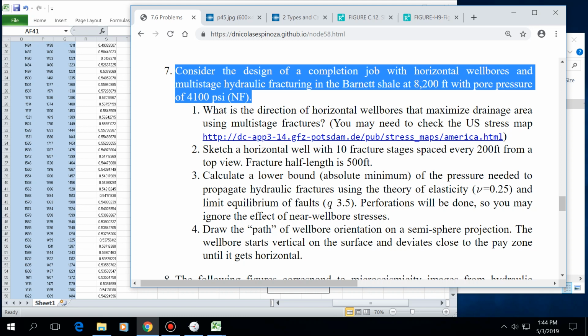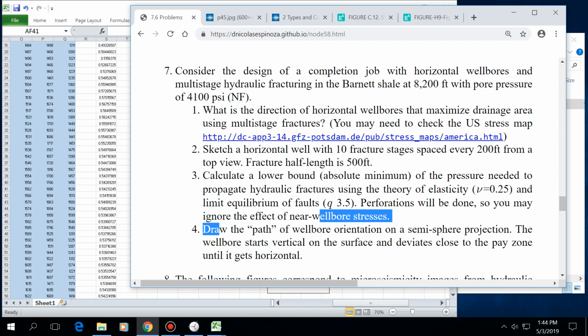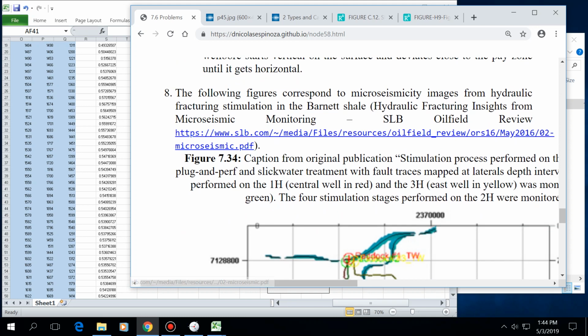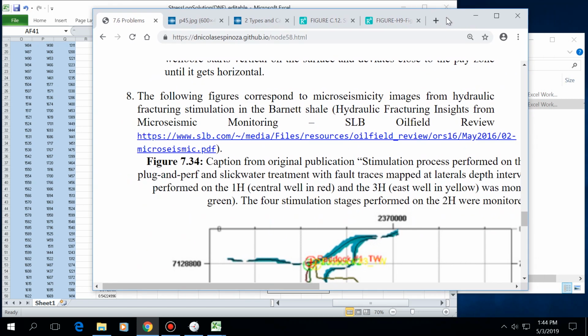And then this is just an exercise from deviated wellbores. You have to draw the path of that horizontal wellbore in a stereonet projection. Okay? The next one is a little bit more difficult and involves microseismicity.